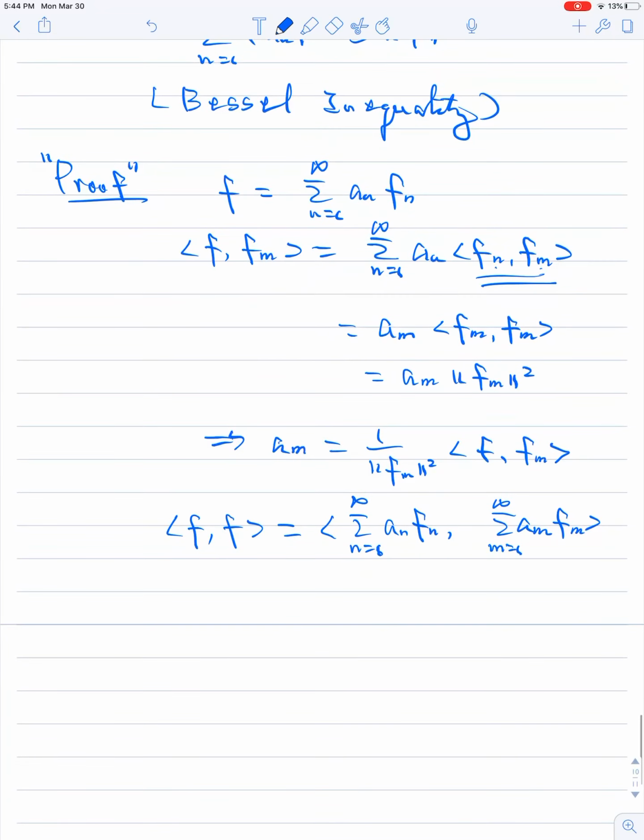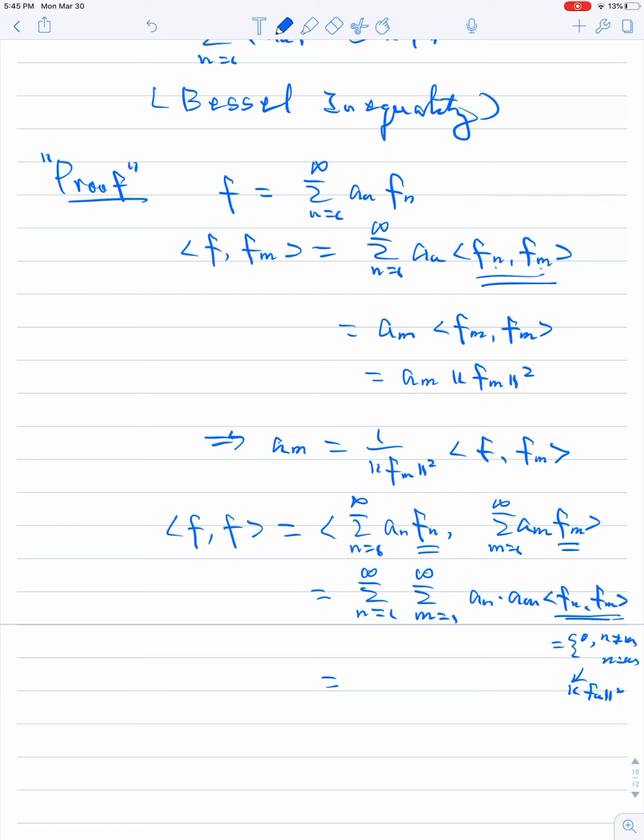Now, the inner product between f_n and f_m would be 0 if n is not m, and if n is m, it would be just the norm of f_n squared.